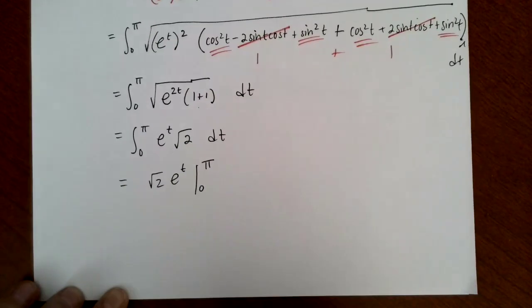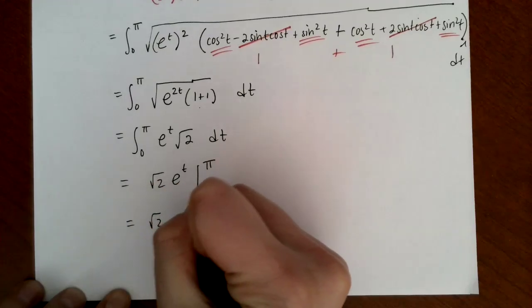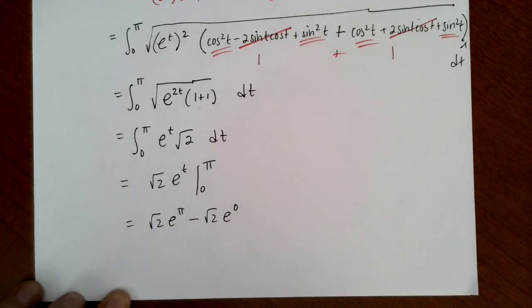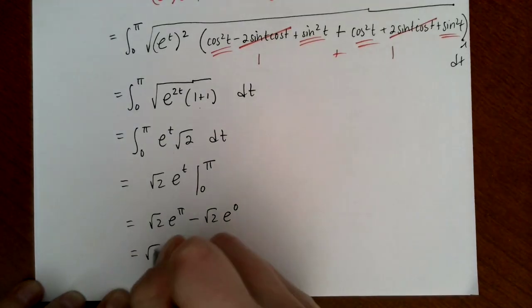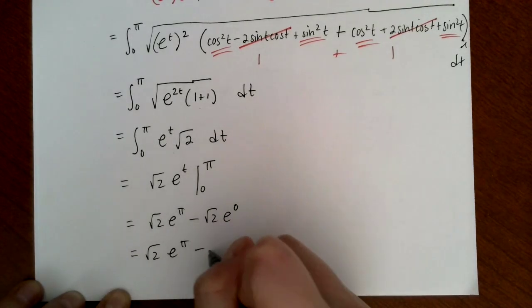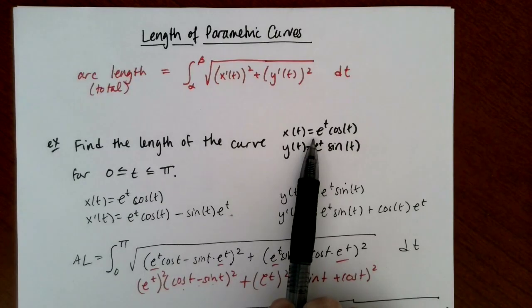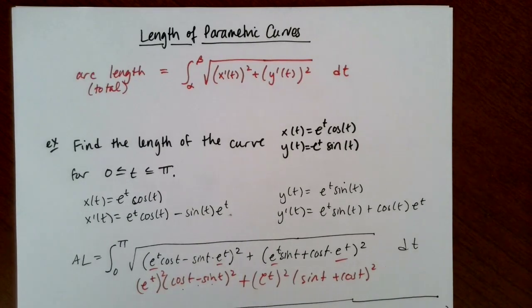We'll plug in each of our bounds. And of course, e to the 0 is 1, so our final answer will be root 2 e to the pi minus root 2. That'll be the length of the curve created by these parametric equations over this time interval.